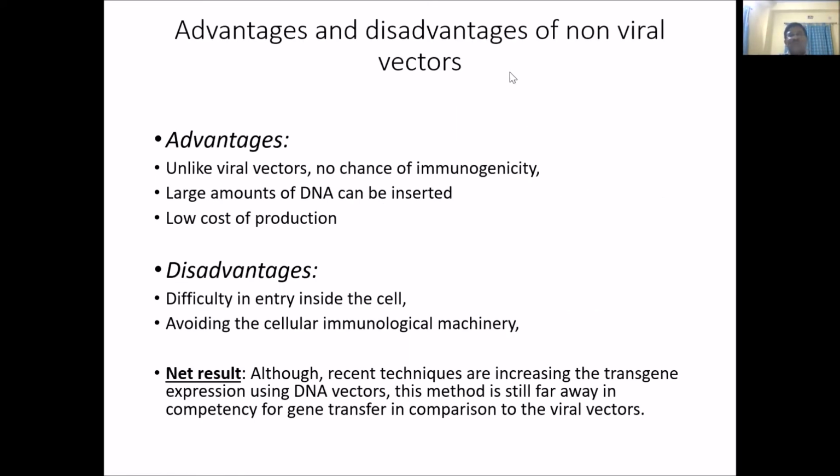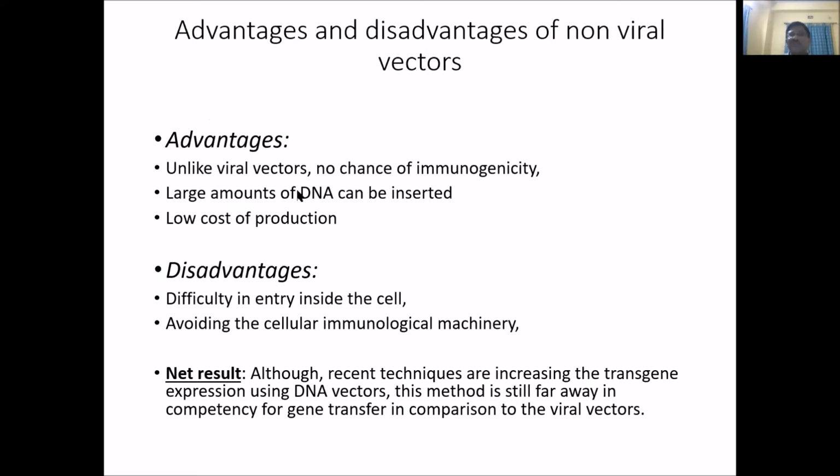So after going through these non-viral vectors that we are still studying, we have studied how to introduce them by different techniques like electroporation, chemical induction, hydrodynamic gene transfer, etc. Are there any advantages of them?